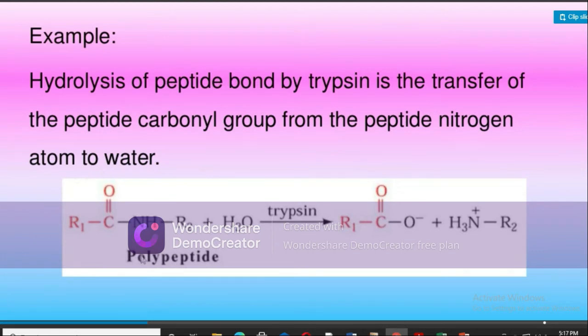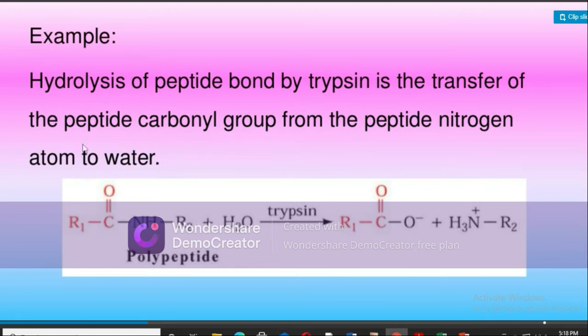Then an example is this one: hydrolysis of a peptide bond by trypsin, with the transfer of the peptide carbonyl group from the peptide nitrogen atom to water. Look at it. This is a polypeptide chain, this is water, and this is your trypsin. You know that trypsin is an enzyme involved in the hydrolysis of proteins. When we say hydrolysis, it means that you are using water to produce a specific product.